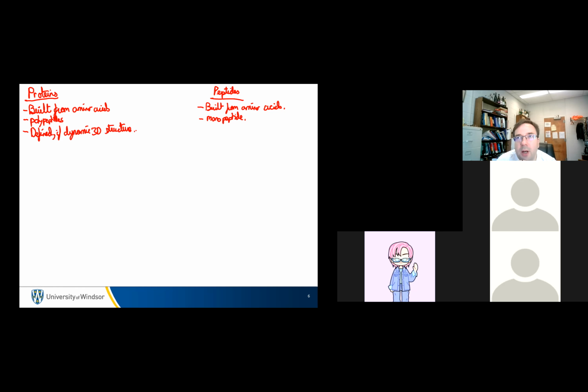And what I mean by specific, it's not frozen, it's constantly moving, but it's moving within a constrained conformational space. It can't just do anything. Some parts of the protein are going to be very, very ordered, and some parts are going to wave around randomly, but the whole thing doesn't wave around randomly. Okay, I think that's part of the definition.